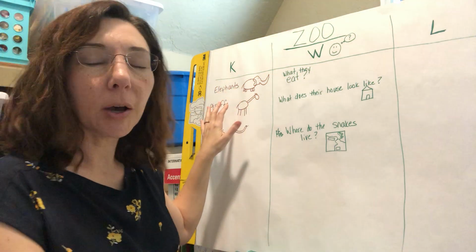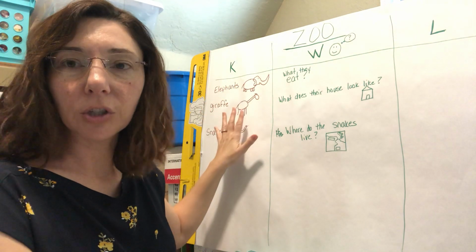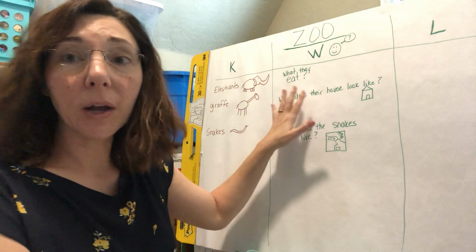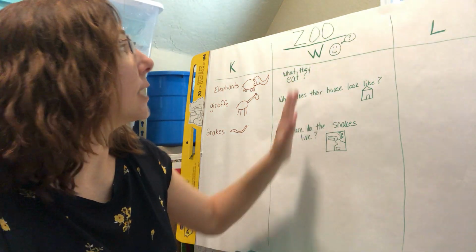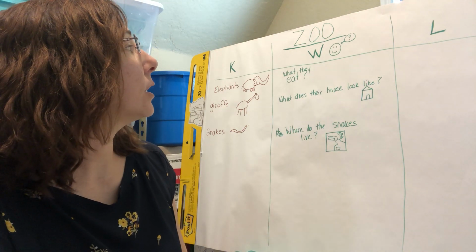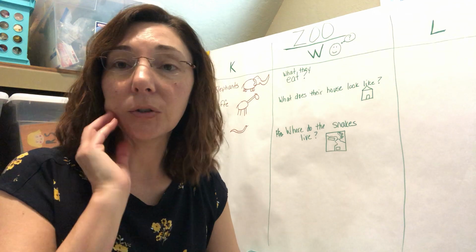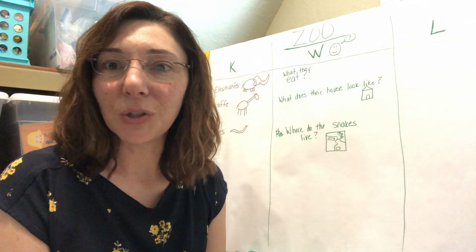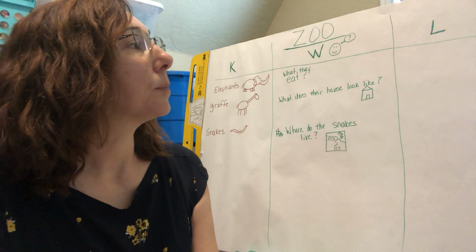So you can still talk about elephants, but this gives you an idea of where to start. This is what the children want to know. This is going to lead your planning, right? This is your assessment to say, okay, this is what they want to know. So let's find some activities. Let's find some videos. Let's go on a field trip to the zoo, whatever. And that leads my planning.